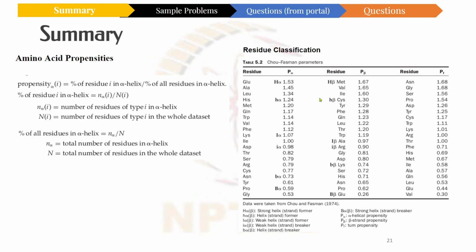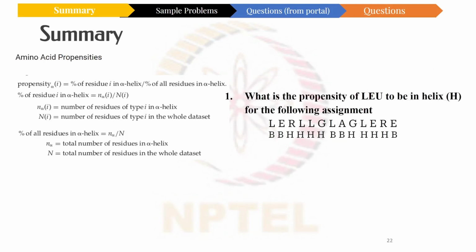So before moving on to how assignment is done, let's try to solve a propensity value. Given the sequences and their annotation of secondary structures, can you calculate the propensity of leucine to be in the helix?